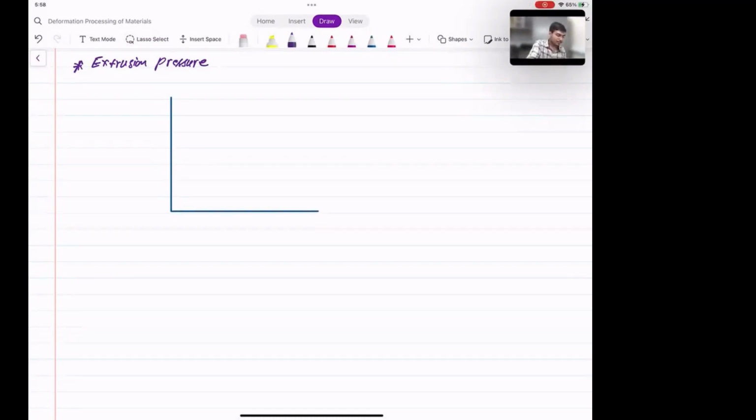Suppose my y-axis represents the extrusion pressure, and the x-axis represents the ram travel.